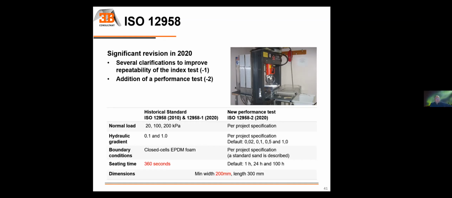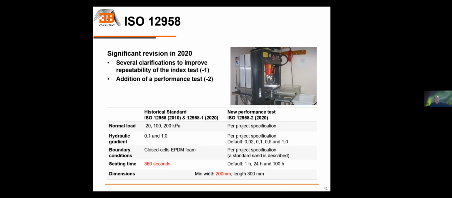And for this test, we are getting much closer to test conditions which are relevant for design. So the normal load is according to the project specification, to the service load. Hydraulic gradients should also be defined according to the service conditions. Boundary conditions also are according to the project specification.